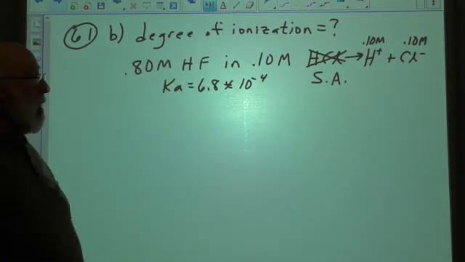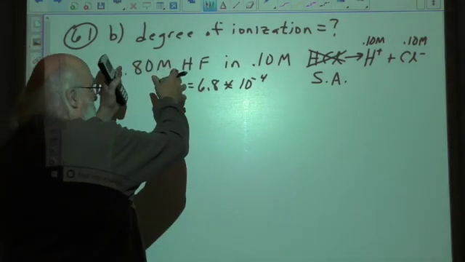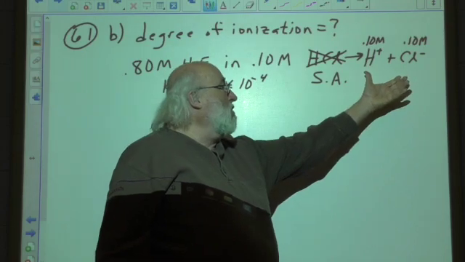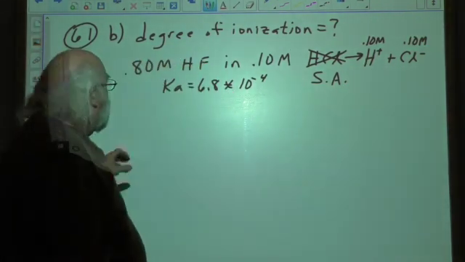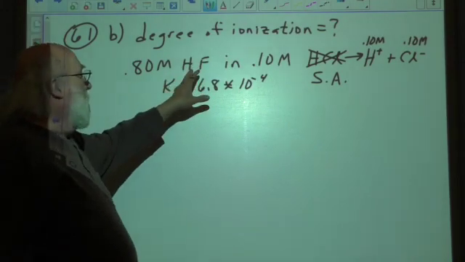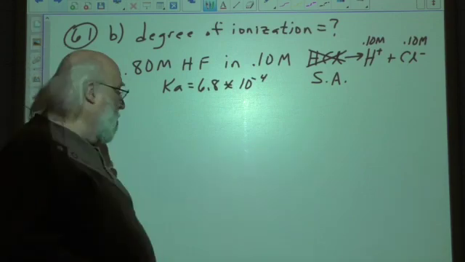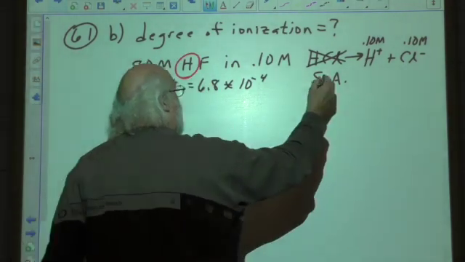Okay? Now, if we were to dump this 0.80 molar hydrofluoric acid into a vat of this stuff that has this concentration, the question is how much of the fluoride ion and the hydrogen ion at this point is going to break down. Well, we notice right away that we have a common ion.